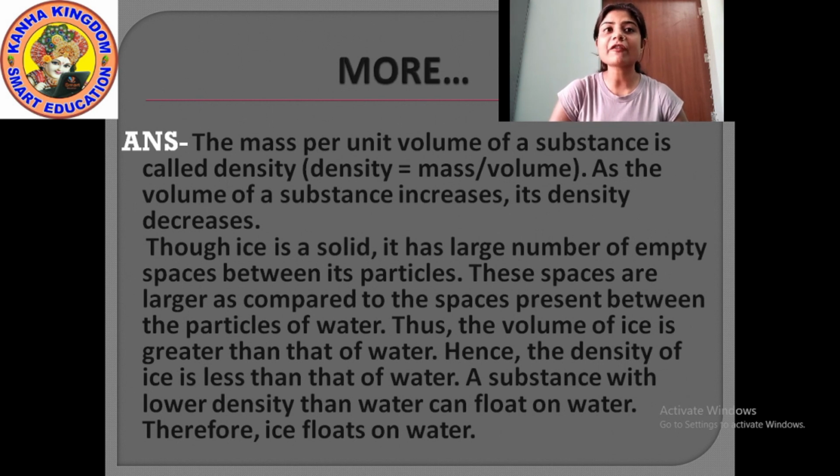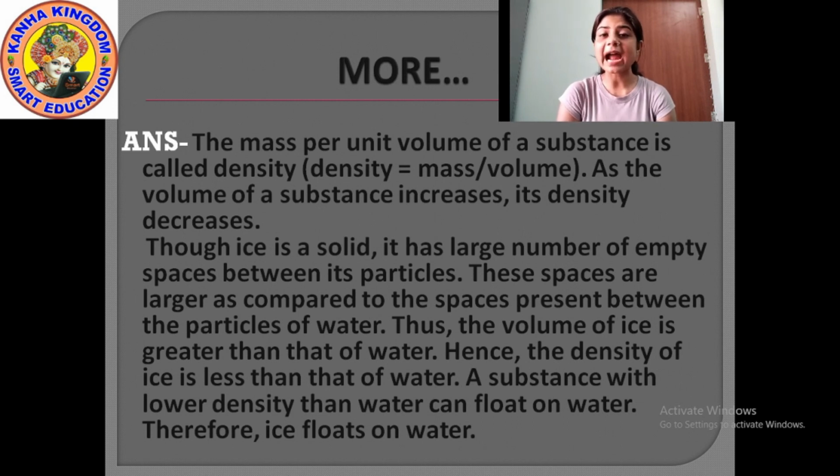Thus, the volume of ice is greater than the volume of water. Here, the volume of ice is greater because the space is larger compared to water. Hence, the density of ice is less than water. Yes or no?